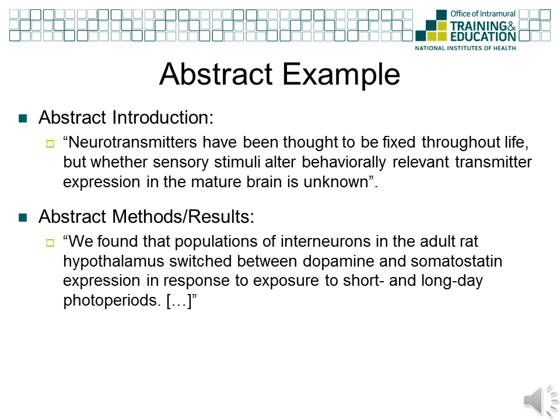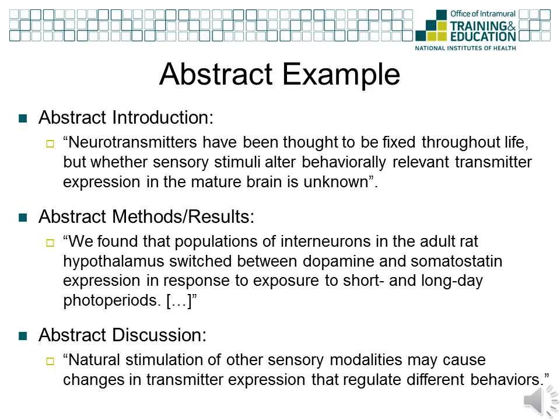We found that populations of interneurons in the adult rat hypothalamus switch between dopamine and somatostatin expression in response to exposure to short and long day photo periods. The abstract contains a few more sentences detailing more specific results on the paper.